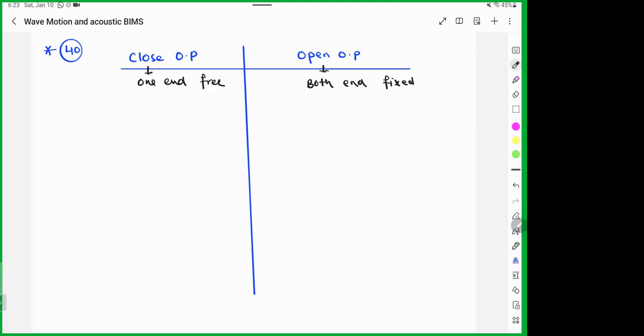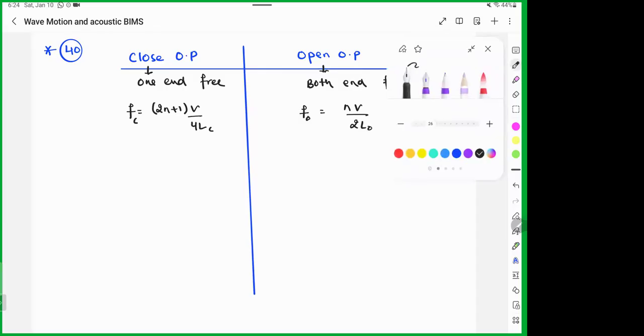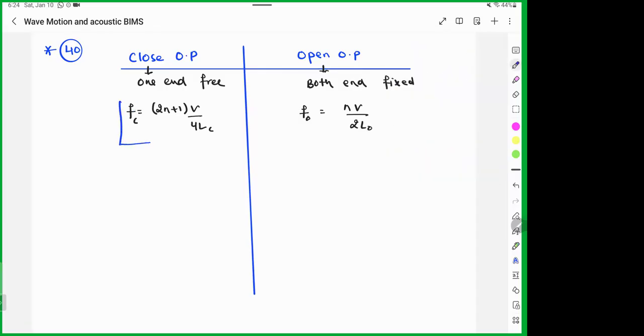In this situation, the frequency formula for closed is (2n plus 1) V by 4L. If you calculate frequency in open, it will be nV by 2L, not 4L. This is the one big difference between the two frequency formulas.